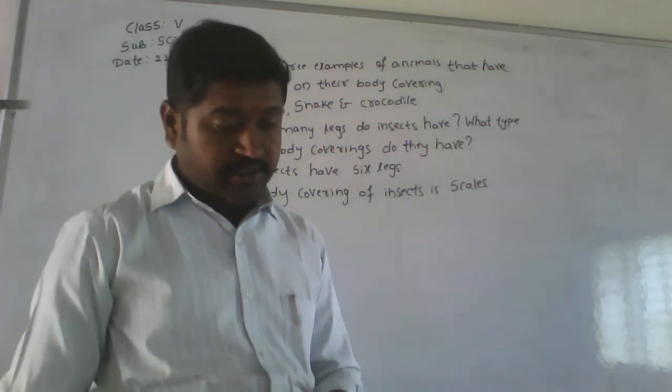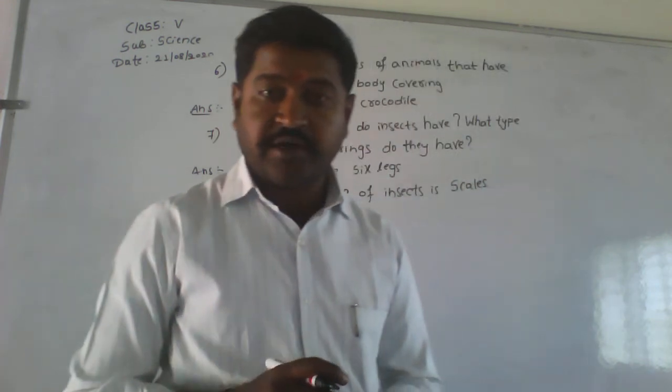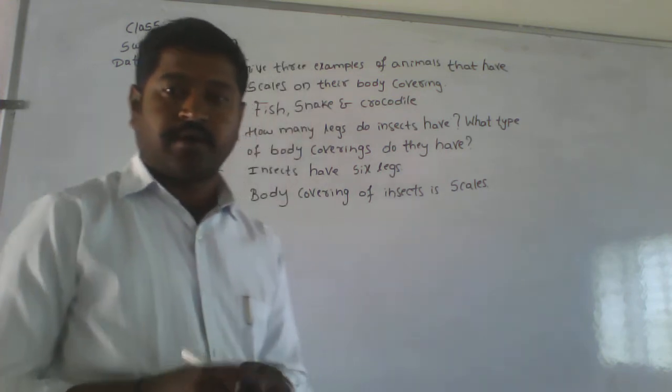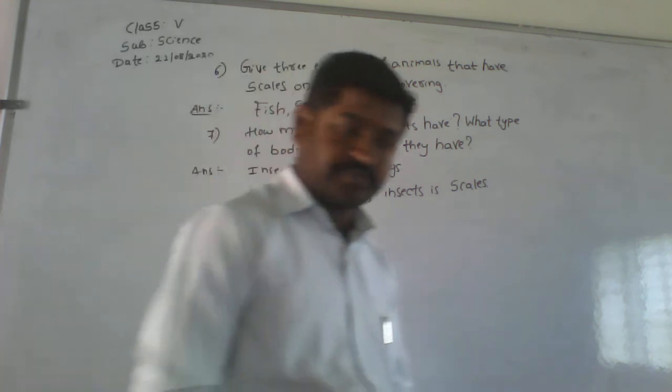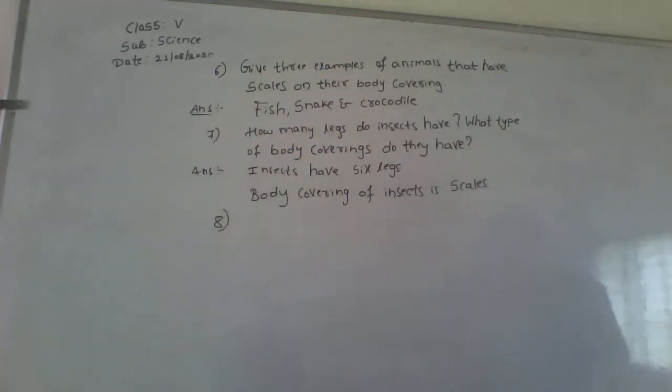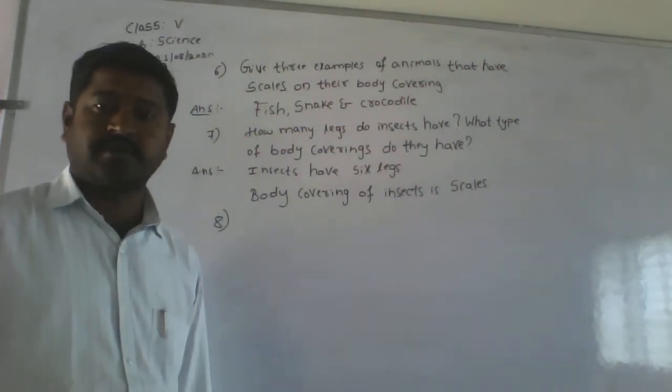So what is question number 8? Differentiate between the movement of aquatic animals and terrestrial animals. So before that, you write these two faster. Okay, finished.